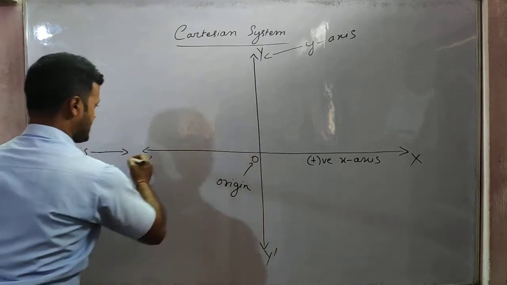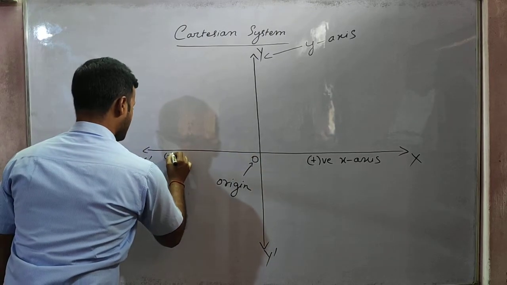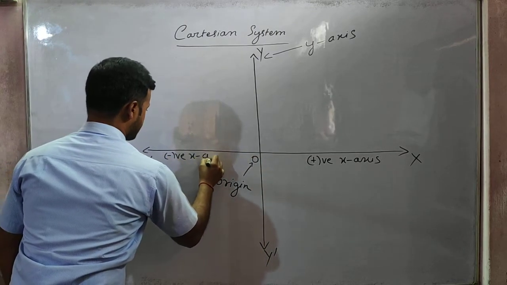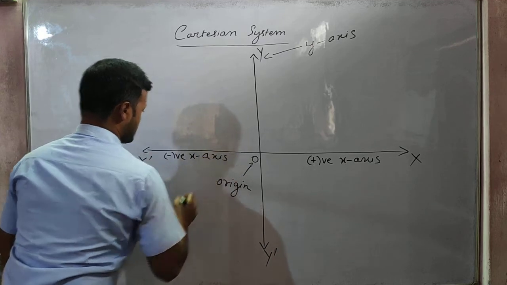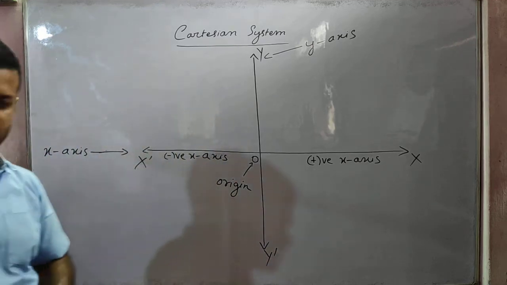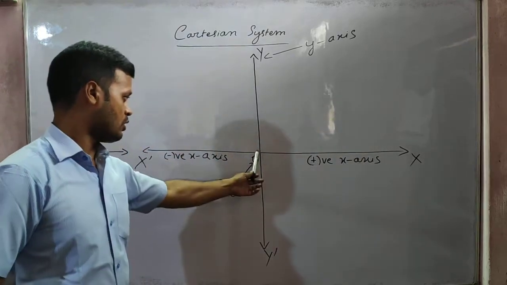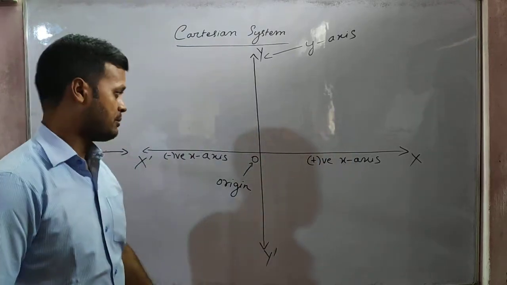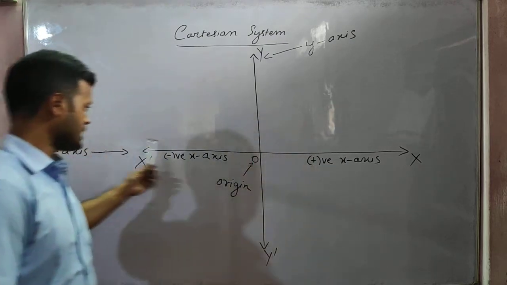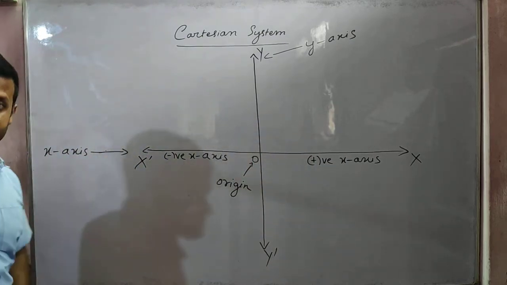From the origin towards the left hand side, it is called the negative x-axis. Friends, see carefully. From the origin towards the right hand side, it is called the positive x-axis. From the origin towards the left hand side is called the negative x-axis.